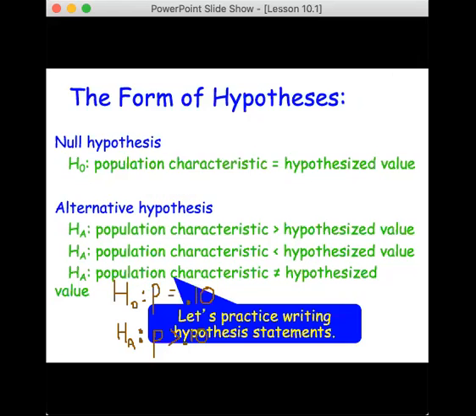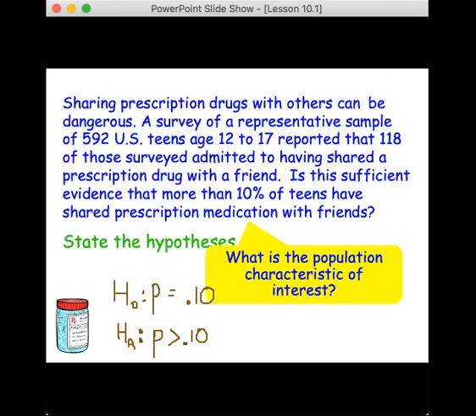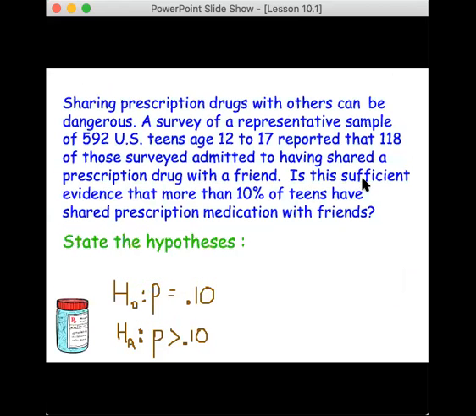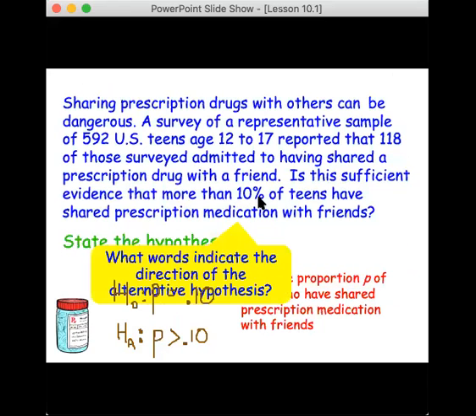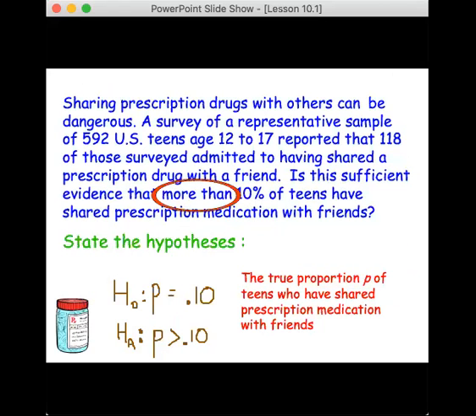Okay. Less than? Because we're trying to show, is this enough evidence that more than 10% of teens? So the problem, you're actually trying to figure out more than, not less than. Got it? Okay, good. All right, let me show you another one.